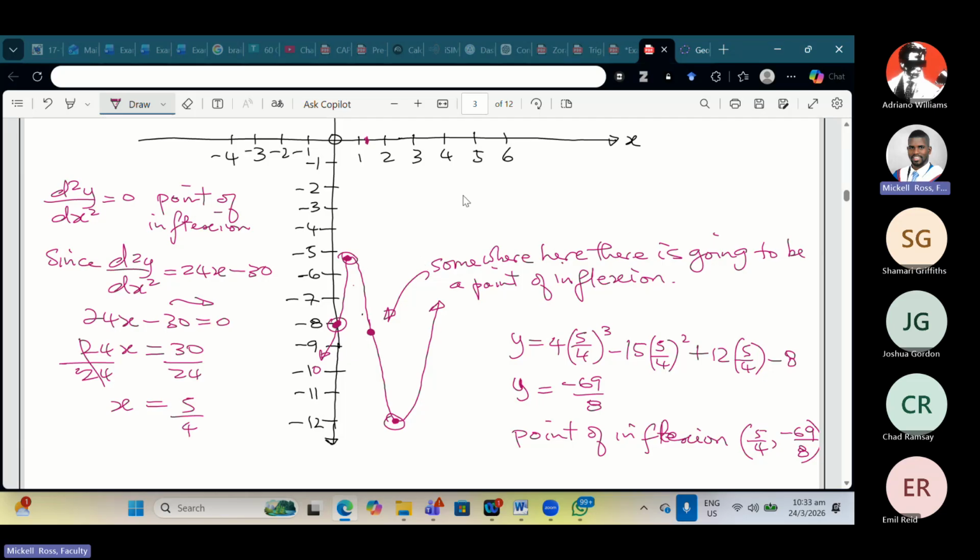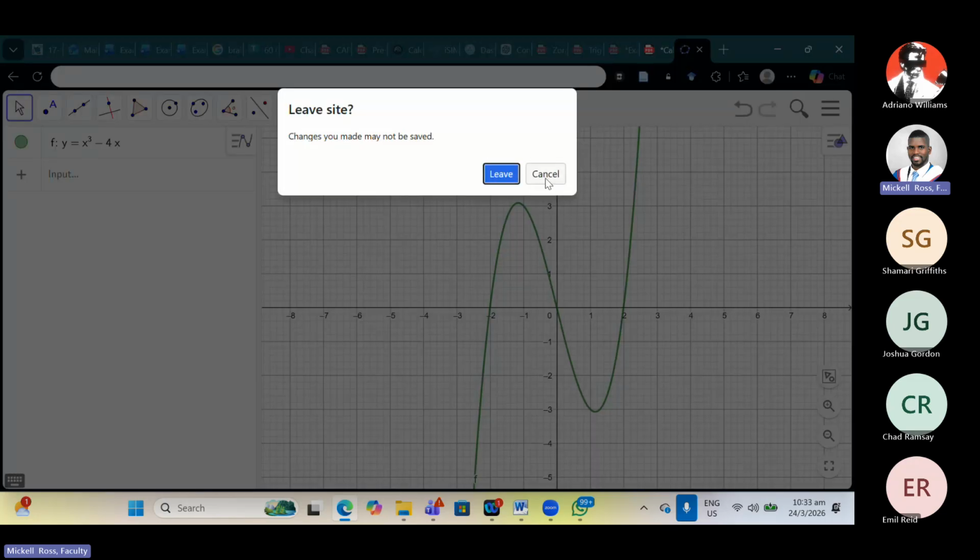So this is what your graph would look like. If we want, we can go to GeoGebra and get a feel of it. Let's go.